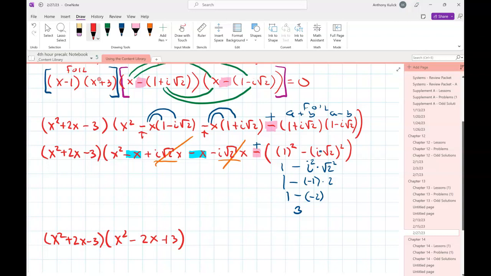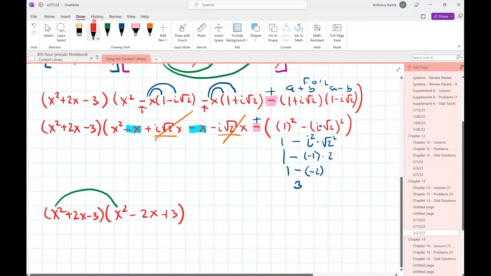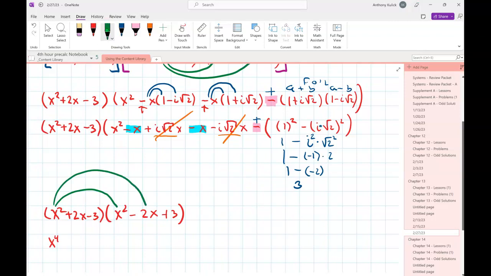All right, what do we have to do next? More foiling! X squared times x squared is x to the 4th. X squared times negative 2x is negative 2x to the 3rd.